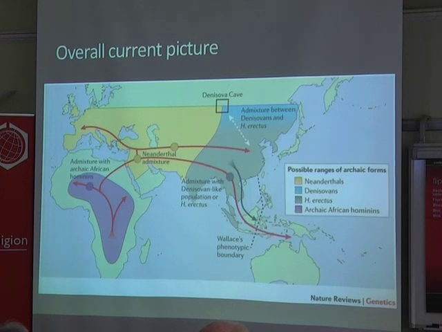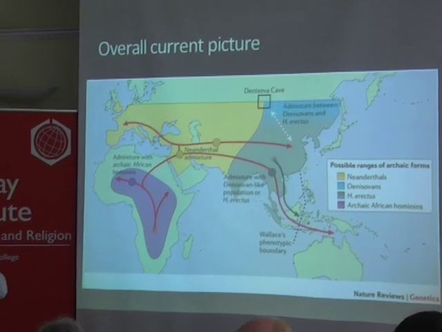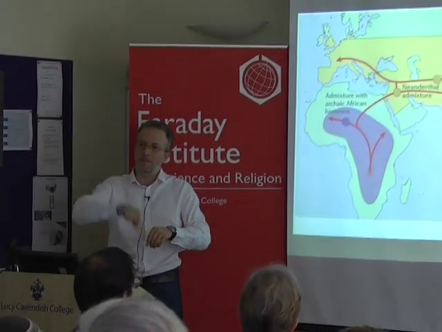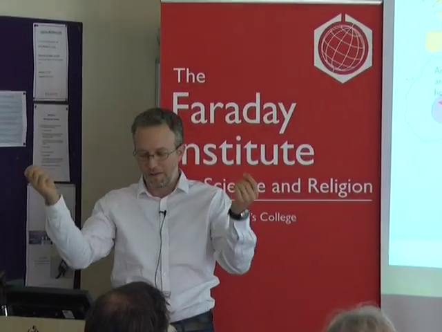So we think it's quite sketchy. It's not as simple as we saw. The model that would summarize all this is really an intertwined bunch of events rather than a simple out-of-Africa model.